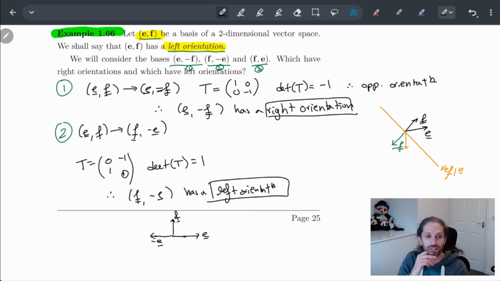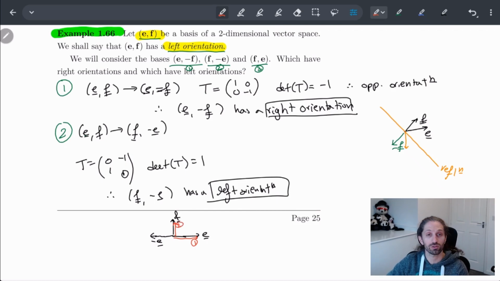Now, if you look at this, it might look like a reflection, right? The reason this is actually a rotation and not a reflection is because the ordering matters. So the first basis we have is this, so it's 1, 2, right?